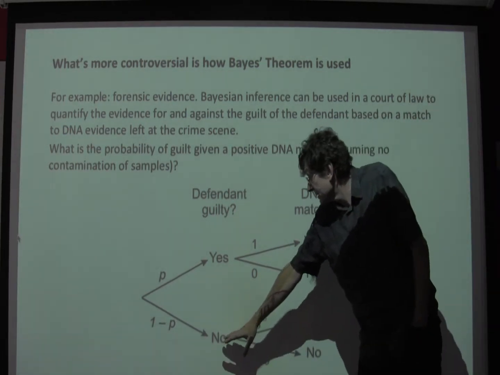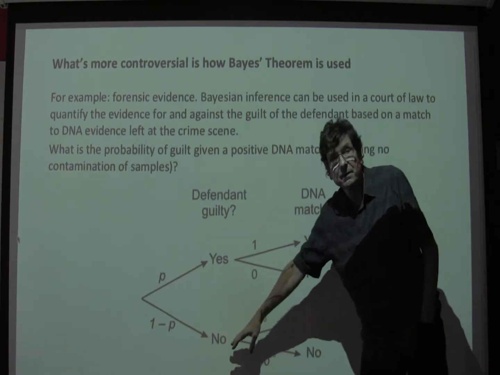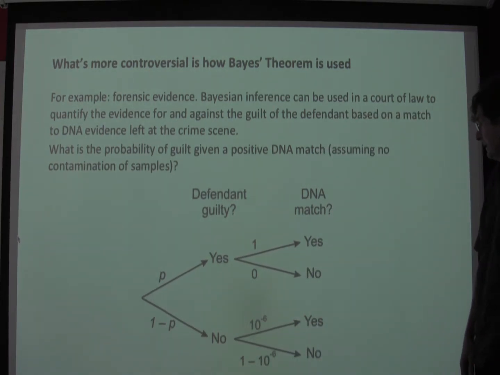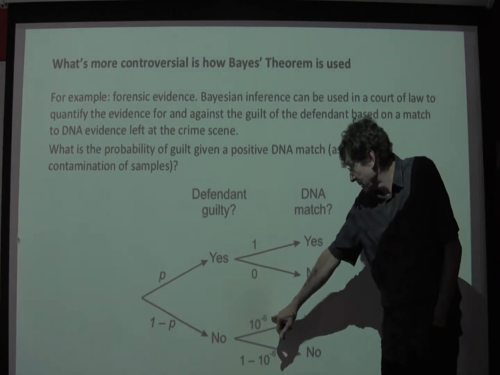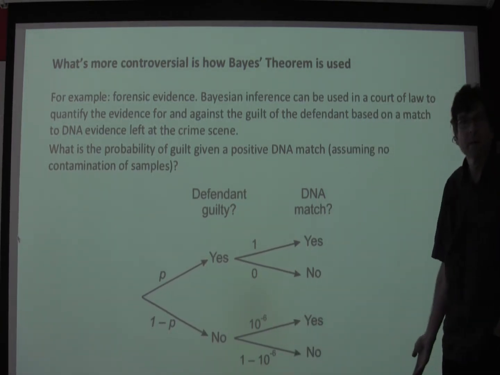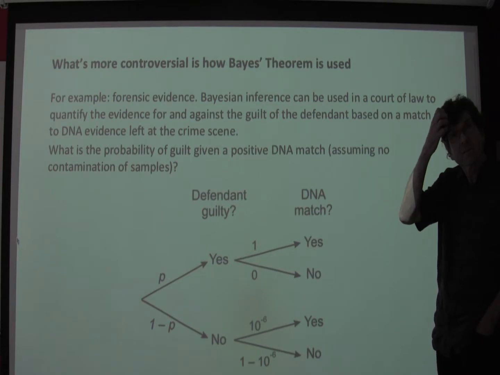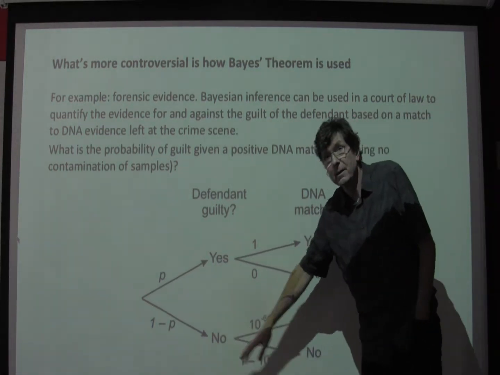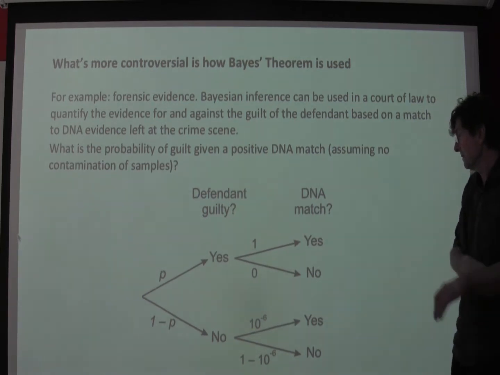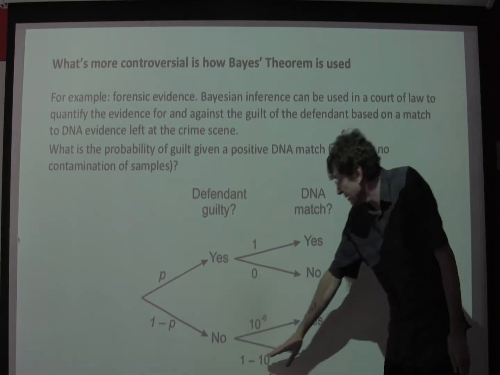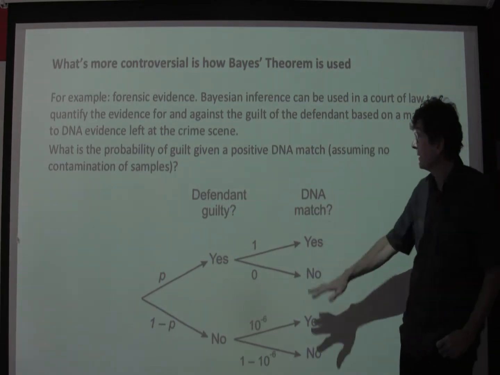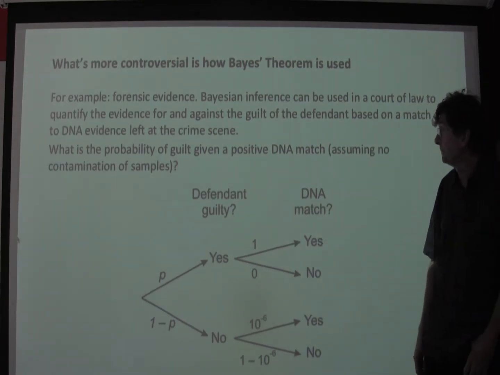But also important is the possibility of a DNA match if the defendant is not guilty, didn't actually leave blood at the scene. Let's just, for the purposes of this example, say it's actually 1 in a million. It's a pretty small probability of a match if the individual is not guilty. And so the other is 1 minus 1 in a million. So these are all large probabilities and small probabilities.